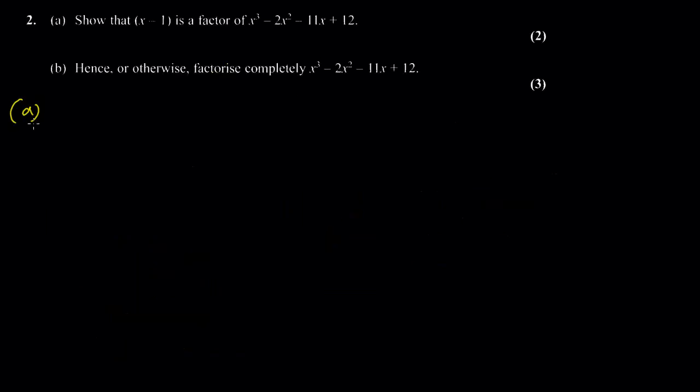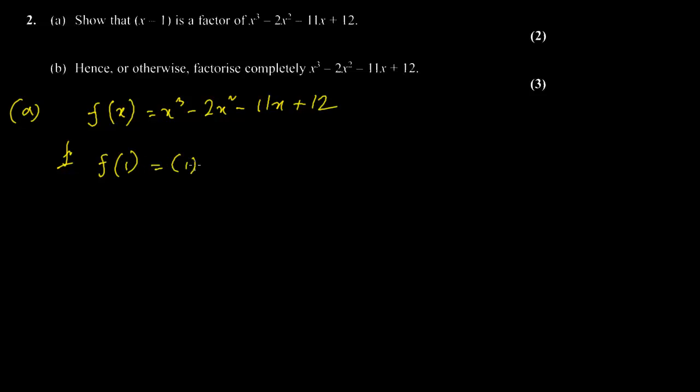So this is question number A. Show that x minus 1 is a factor of this. We write f(x) equals x cubed minus 2x squared minus 11x plus 12. If we divide f(x) by x minus 1, it should be f(1).